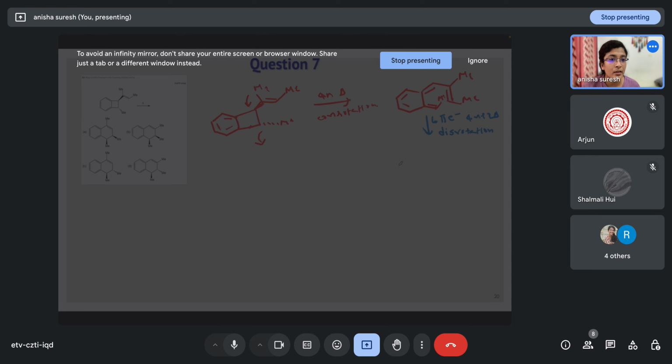Okay. So here if disrotation is taking place, both the groups will be moving in the opposite direction.